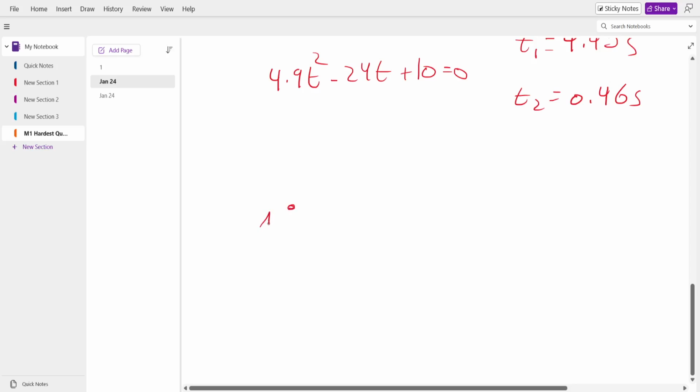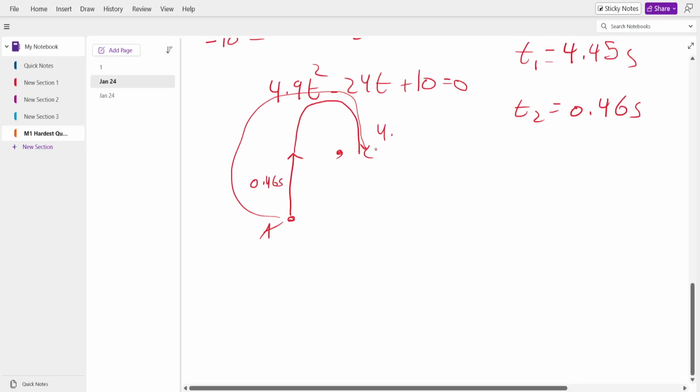So if this was A, C is here. The particle will be at C first after 0.46 seconds have passed, and then again after 4.45 seconds passing.